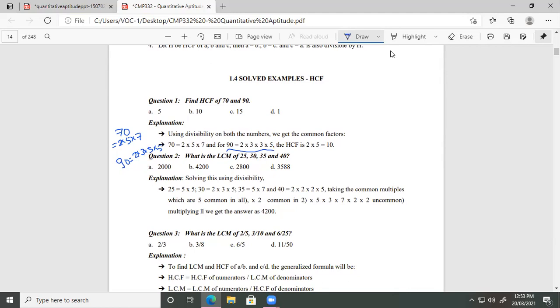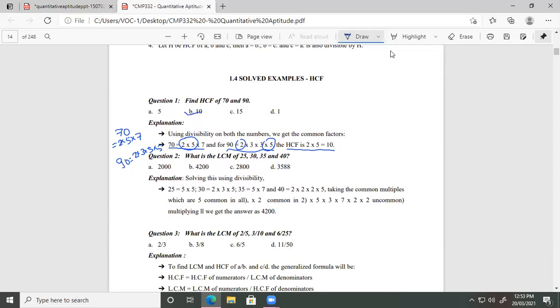The HCF of 70 and 90 will be the common factors, that is 2 and 5 here, and 2 and 5 here. So the HCF of 70 and 90 will be 10. You have to tick option B, 10.